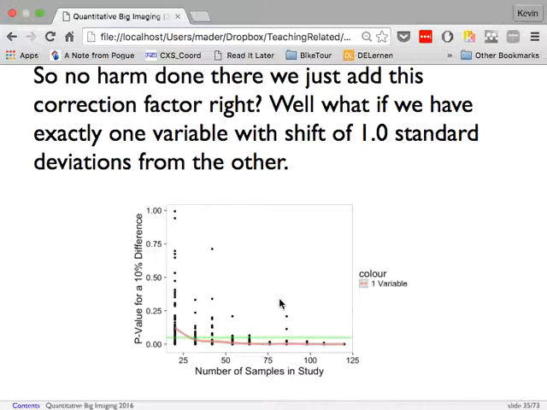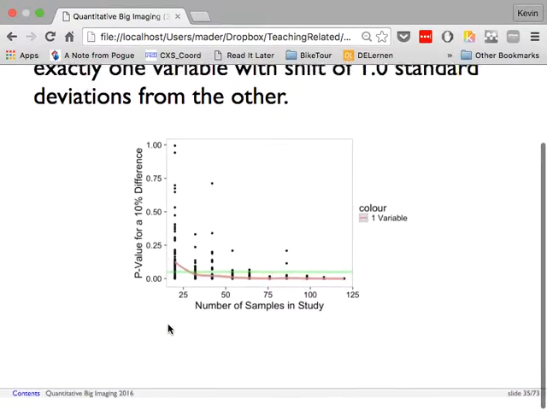So you have a group of people that are 10% taller, something like this. And this is the number of different samples you have in this study. And this is the p-value you get for a 10% difference. And so you see, if you have very few people, this p-value is still fairly high, and the more people you add, the lower this value drops.